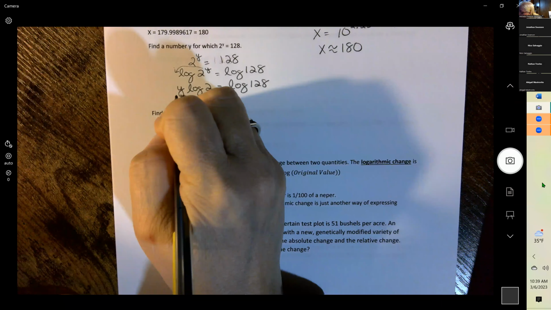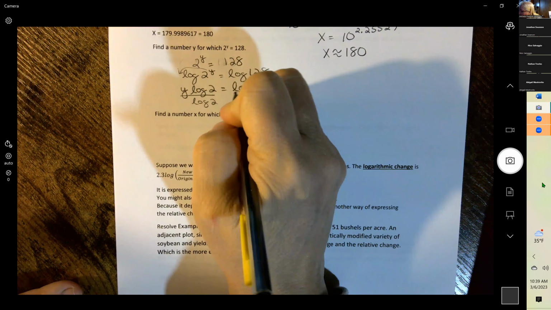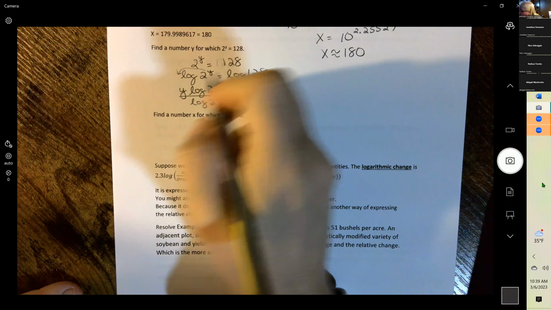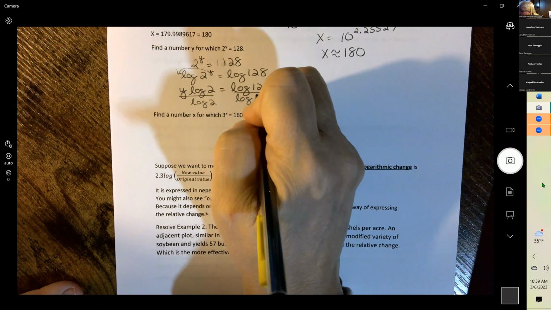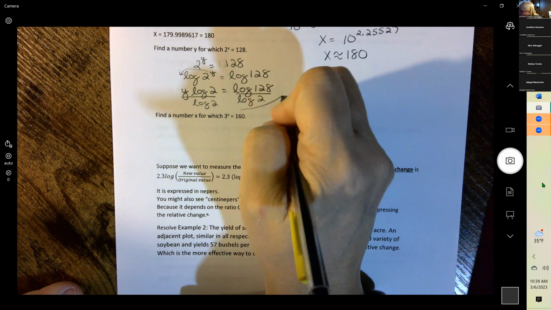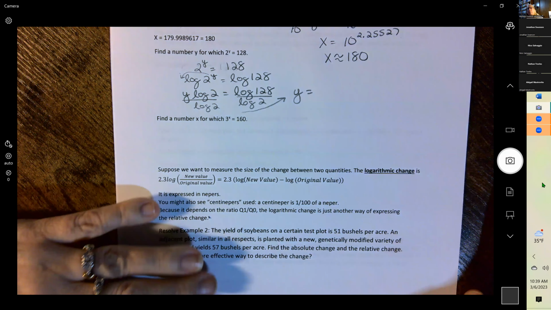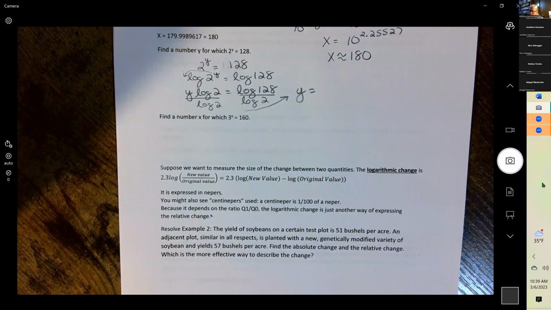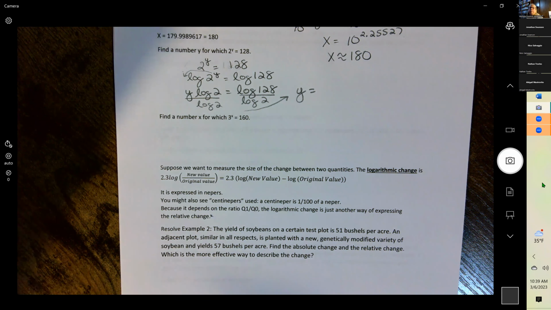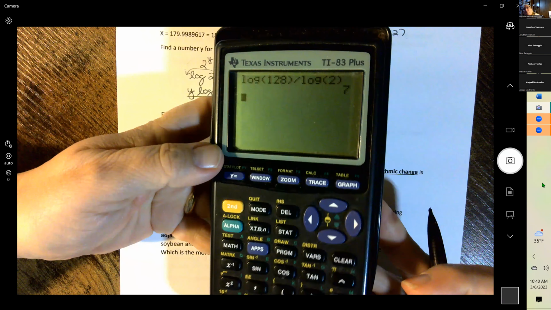And we want to divide by the log of 2, because you want to get y by itself, and since you're multiplying, you divide. Log 128, close the parenthesis before you divide by the log of 2. That's 7.